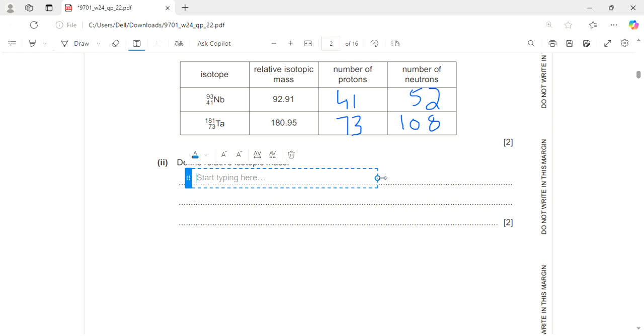Definition: the mass of an atom of an isotope compared to the carbon-12 atom.